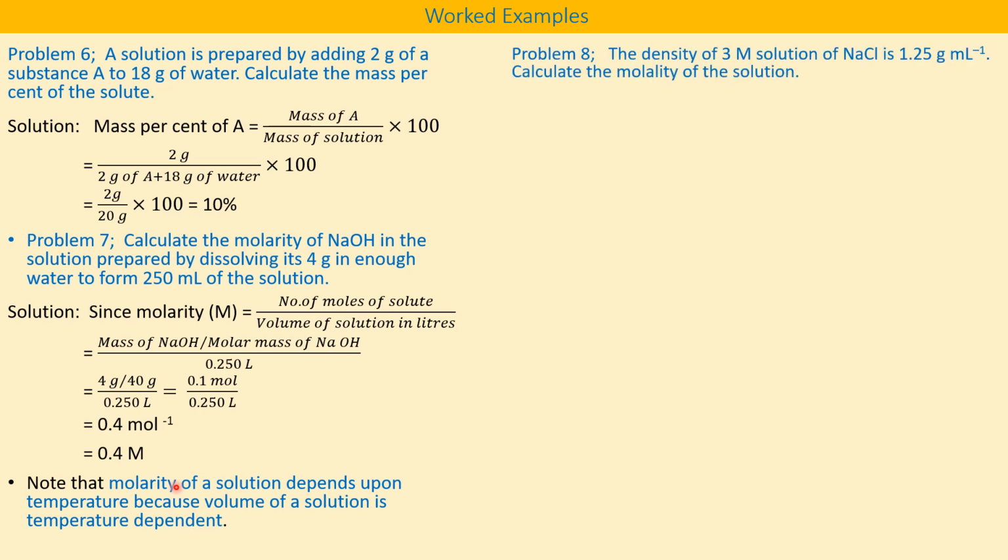Next question. The density of 3 M solution of NaCl is 1.25 grams per milliliter. Calculate the molality of the solution.